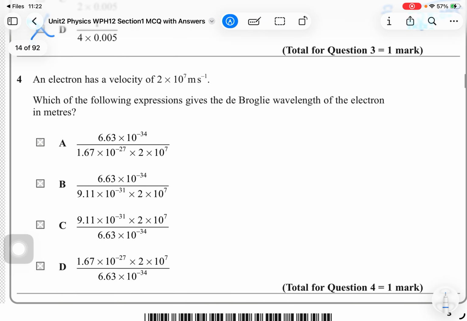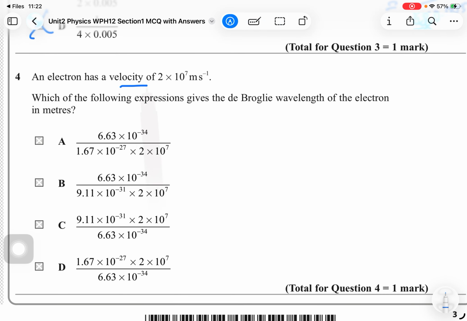Now to question number 4. An electron has a velocity v given.